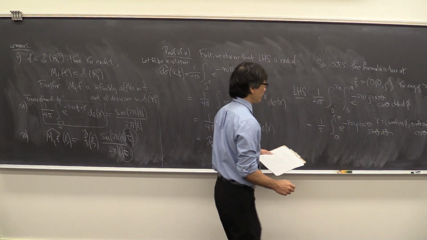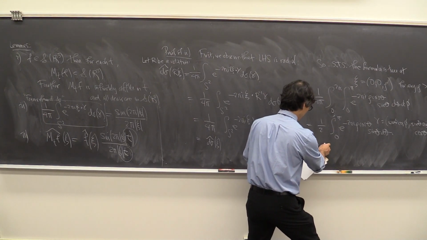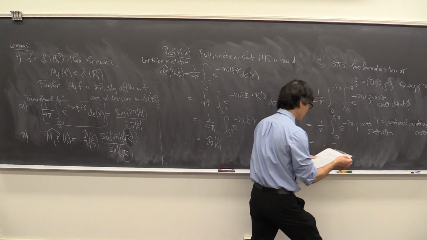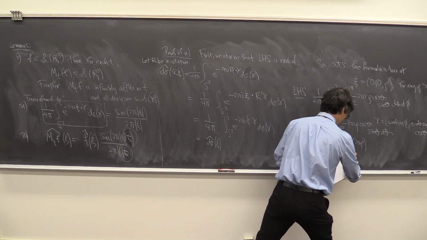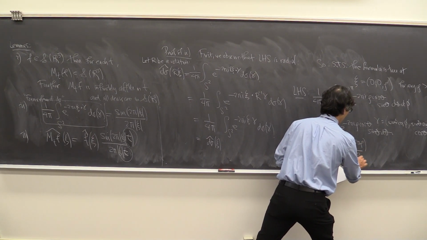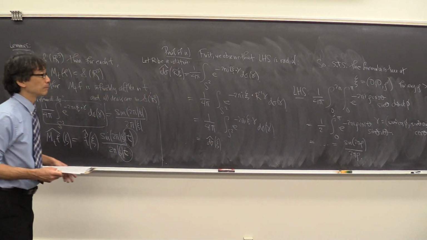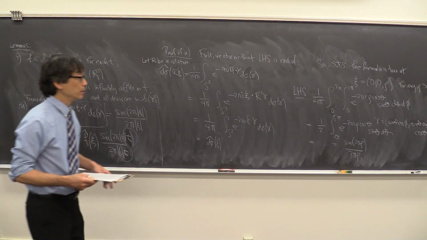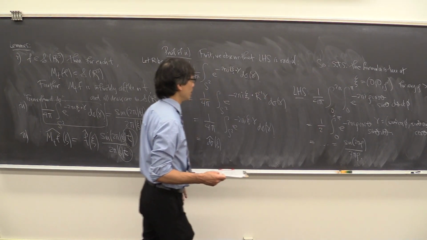Right. And then anyway, it's not that interesting. You do a change of variable, and then you get sine of 2 pi rho over 2 pi rho. So it works out. Okay. So it's just a calculus problem.